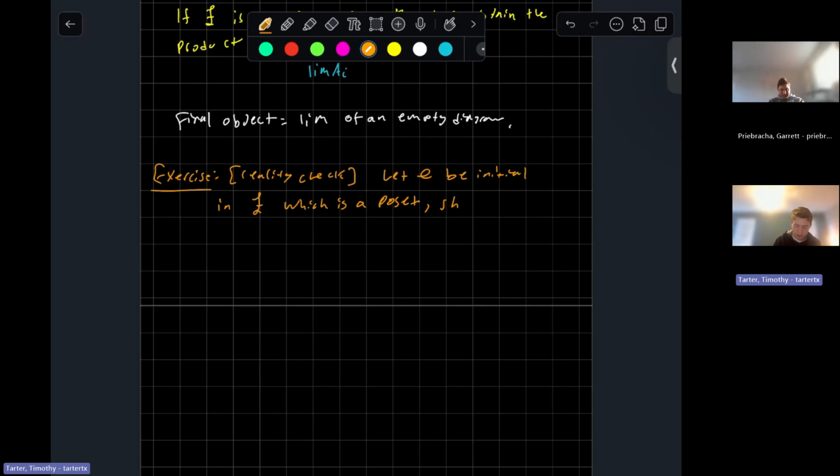Show that the limit of any diagram indexed by script F exists.